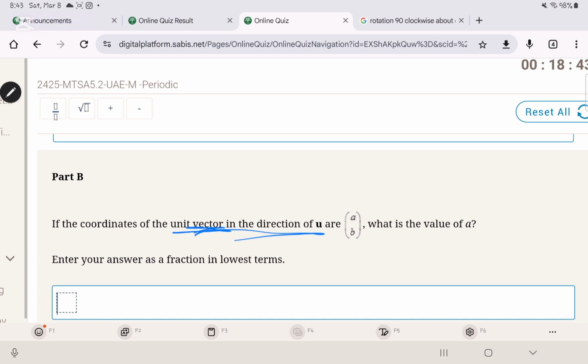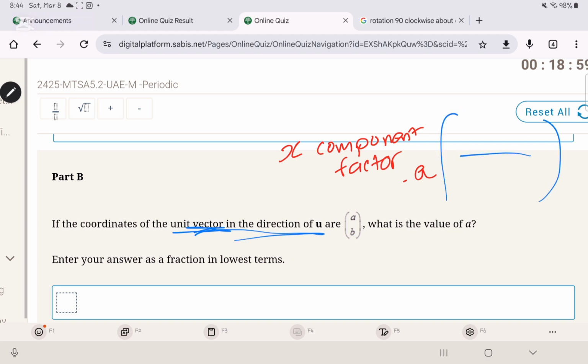Very simply, if they ask for x component or x factor or a, all of these mean the same thing. What you are gonna do is you are gonna take the a of the above vector, so it's gonna be a of above divided by the magnitude.